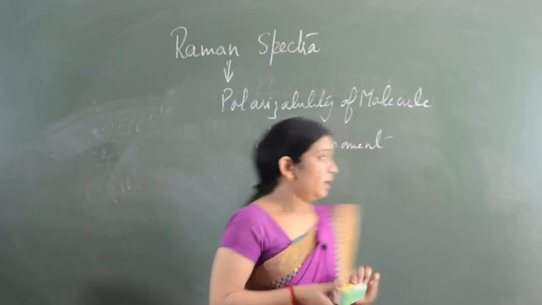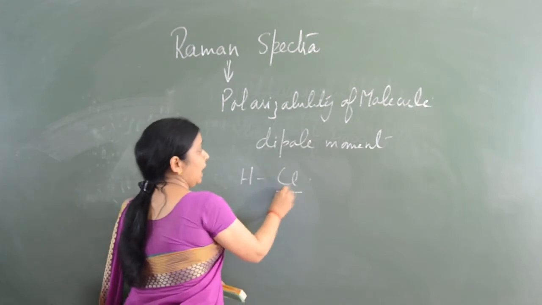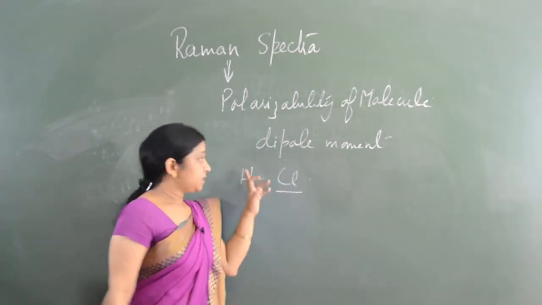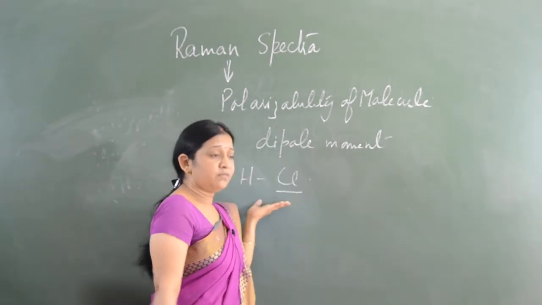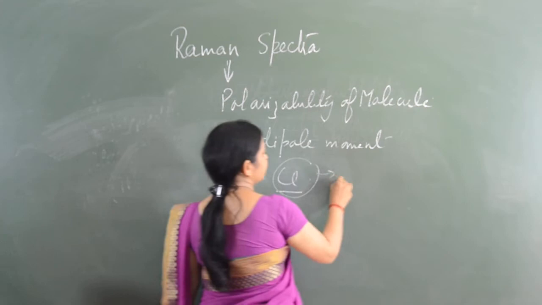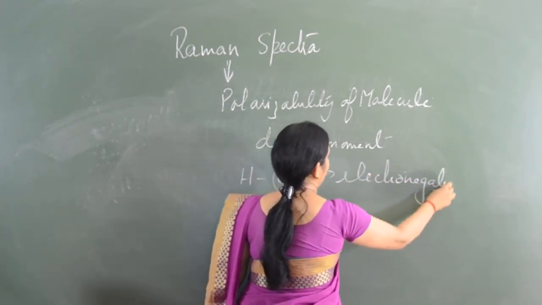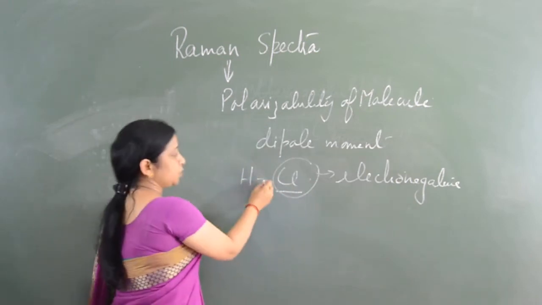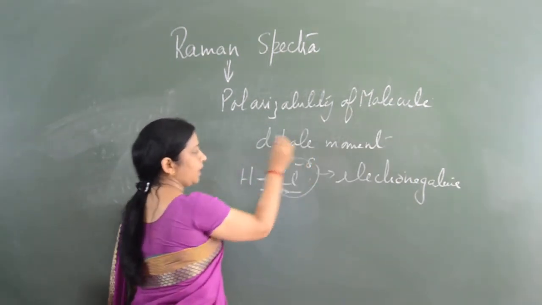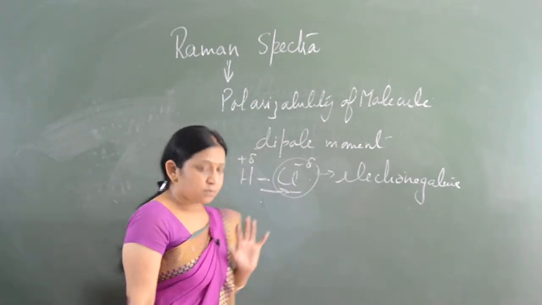For example, if I take the HCl molecule, I am explaining dipole moment. Chlorine is more electronegative in comparison to hydrogen, so the electron pair is shifted towards chlorine.